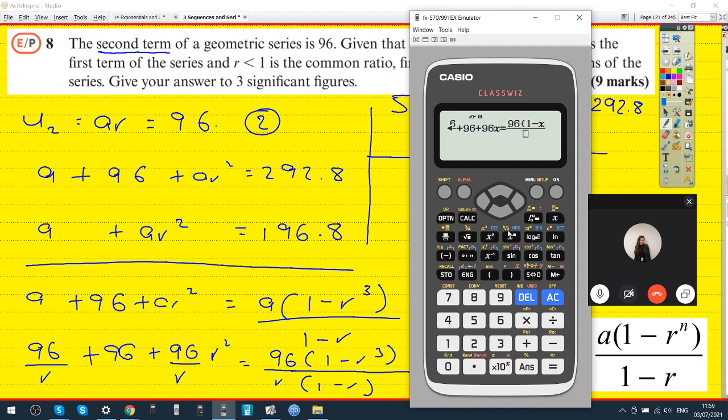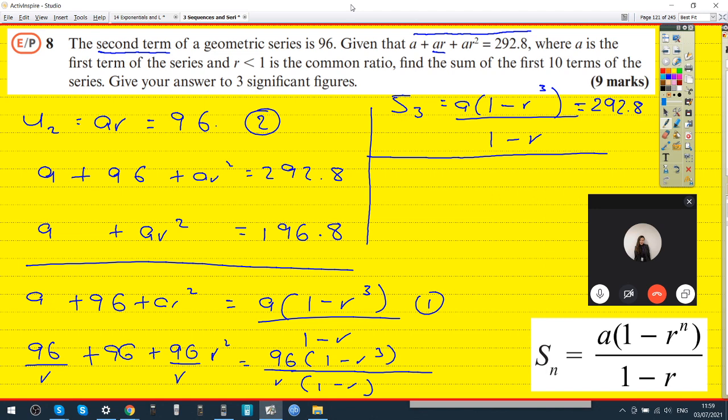You forgot the R squared on the left, and the R divided by R, they cancel. Oh, they cancel out. I just didn't want to have to do a fraction. Shift, solve. Wait, I think it might be identical. Yeah, it gives the same number. What are we doing wrong here?